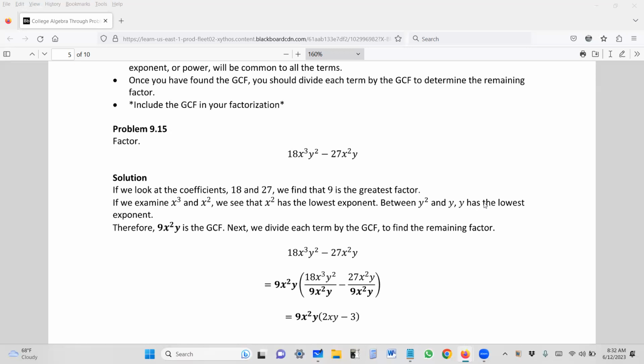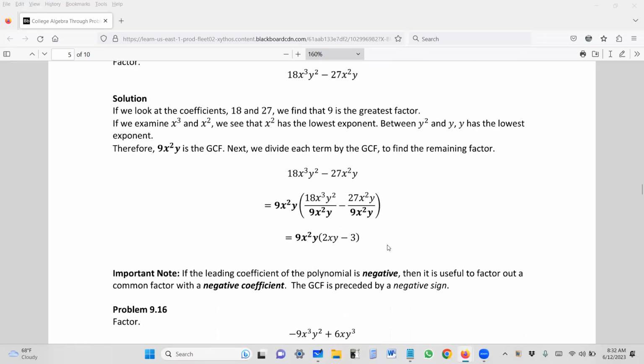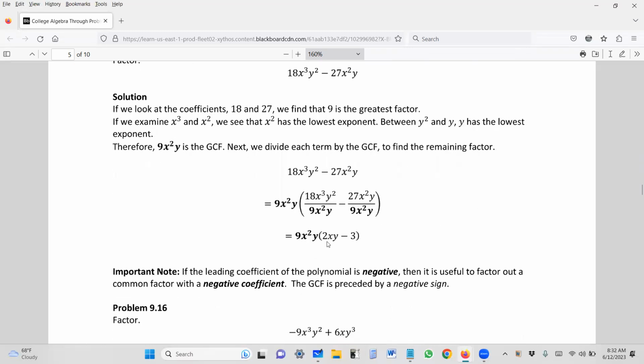So as you can see here, for the solution of 915, the term 9x squared y is the greatest common factor. So after we find that, we will divide each of the terms by the greatest common factor, and the result will be inside of the parentheses as your final answer, as you see here, 2xy minus 3.